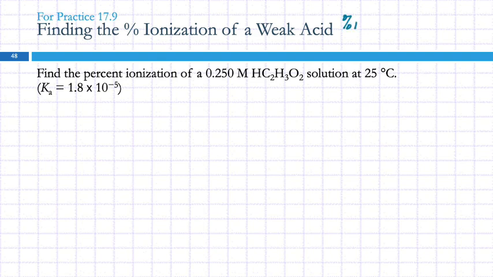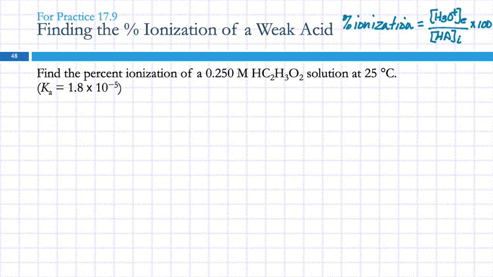So percent ionization is the equilibrium concentration of hydronium ion divided by the initial concentration of the acid times 100. Do we have both of those values? No, we don't. We only have one of them. We have the initial concentration. How do we find the other one?